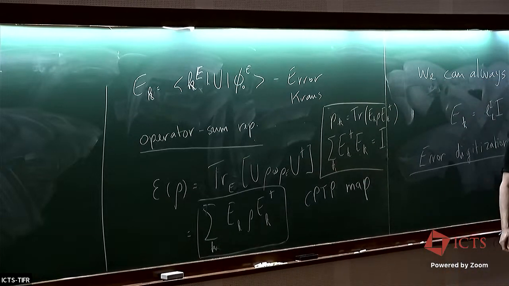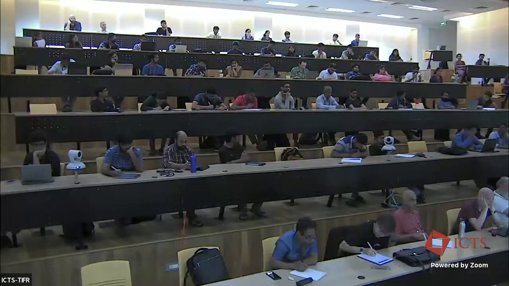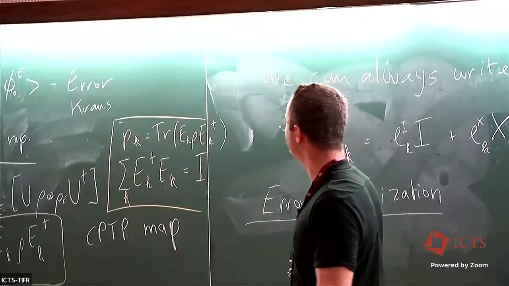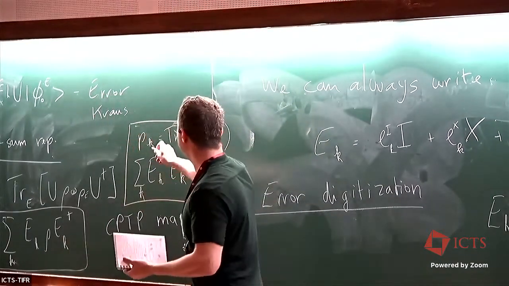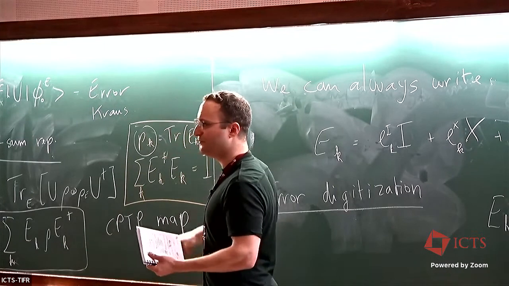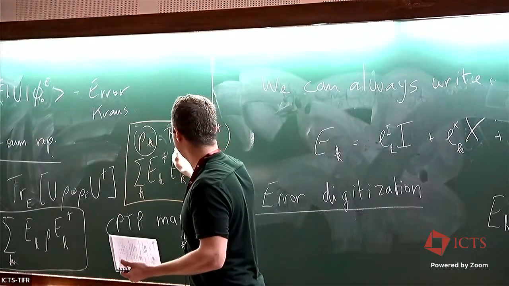So how does it translate to a condition on E? No, this is a number. You want to trace over system and environment.